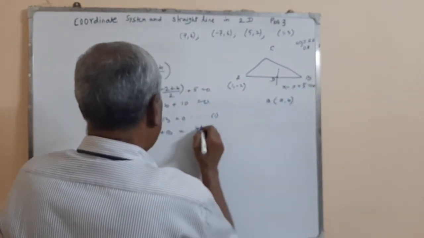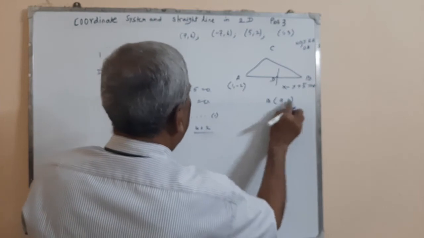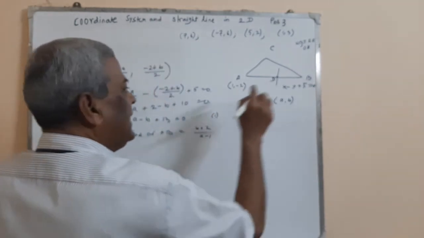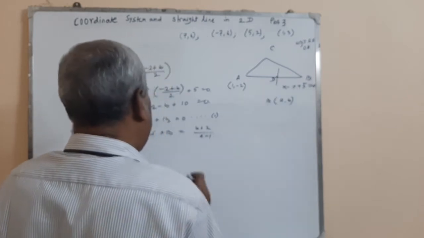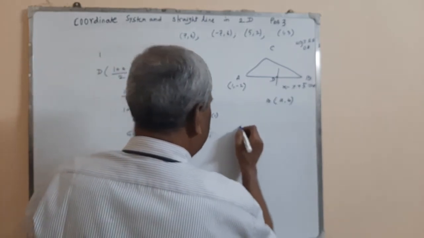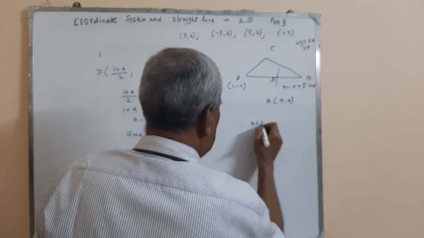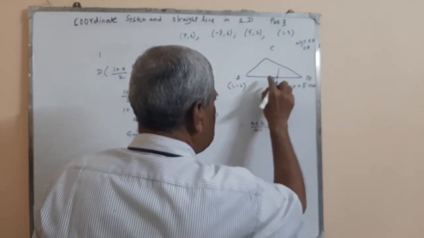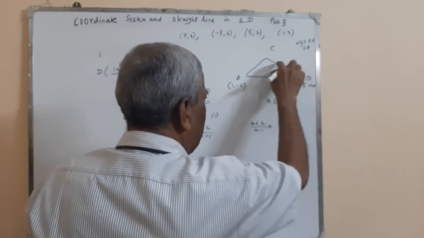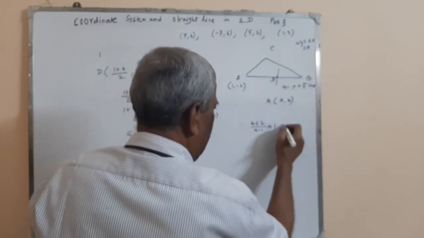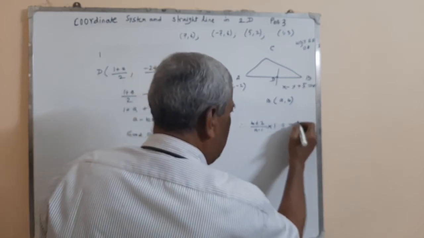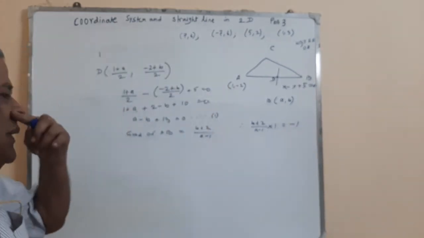So B plus 2 by A minus 1, and gradient of the straight line is 1. Therefore, we must have B plus 2 by A minus 1, gradient of this, and gradient of that straight line is 1. Their product must be -1 because they are perpendicular to each other.